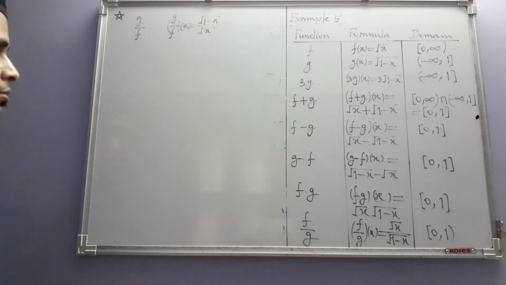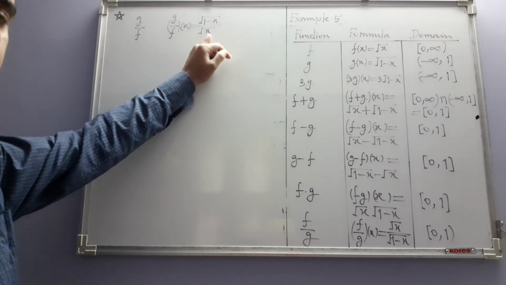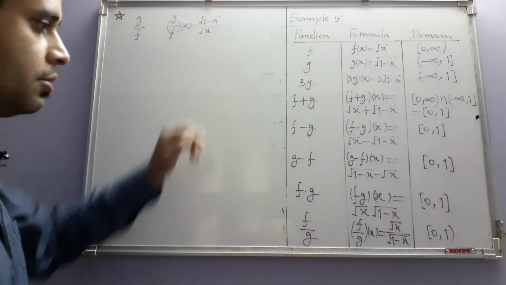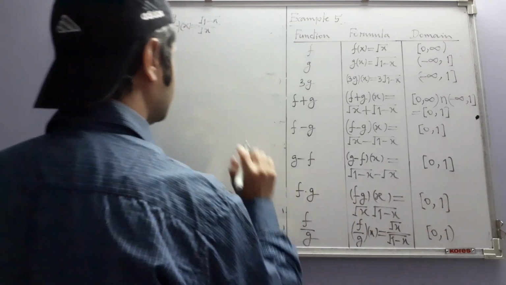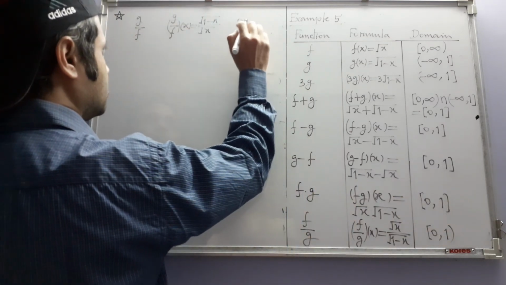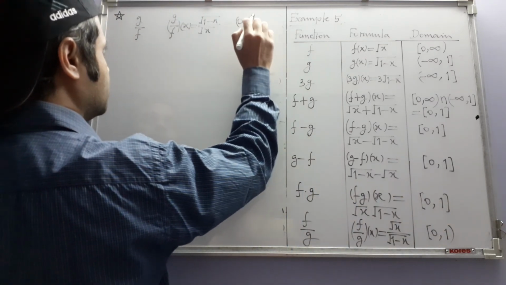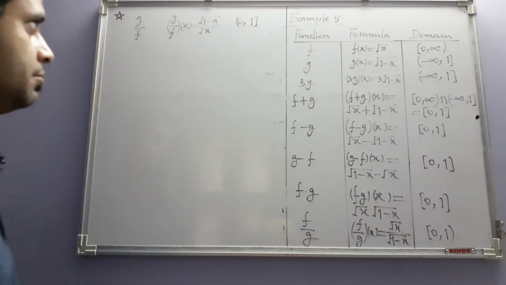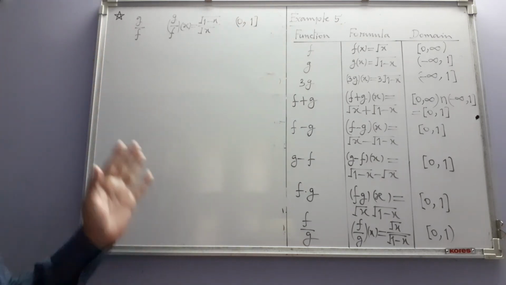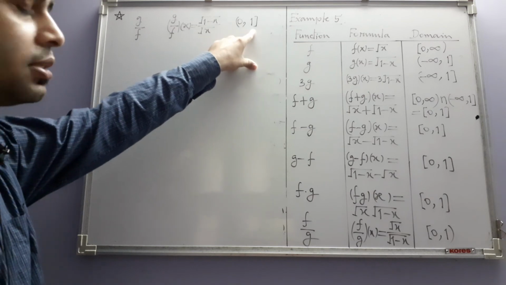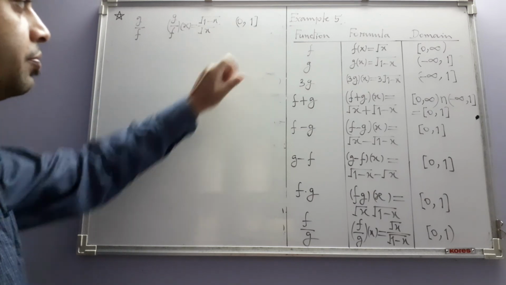In this case we are not allowed to put x equal to 0. So from this common domain we have to remove 0, we have to weed it out, we have to yeet it. So this is the common domain.